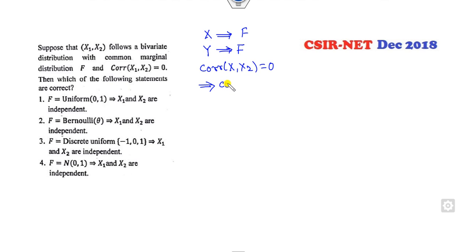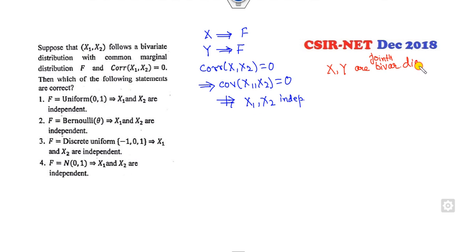What this means is covariance of X1 and X2 is 0, but it doesn't mean they are independent. They are independent only when you prove X and Y are jointly bivariate normal distribution, fine.